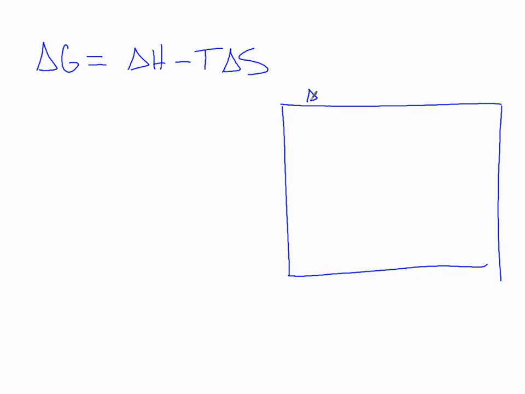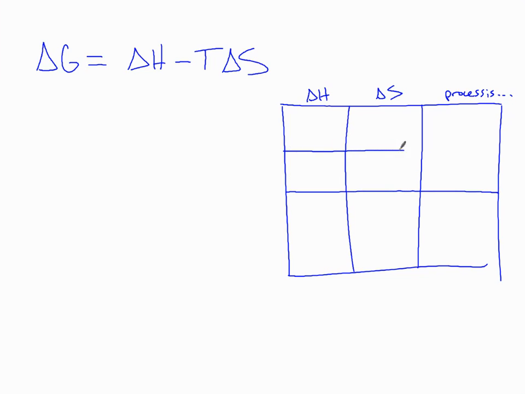All right, so delta H, delta S, and there's another way you can make this chart, and I will show you that at some point. So you have the pluses and the minuses.